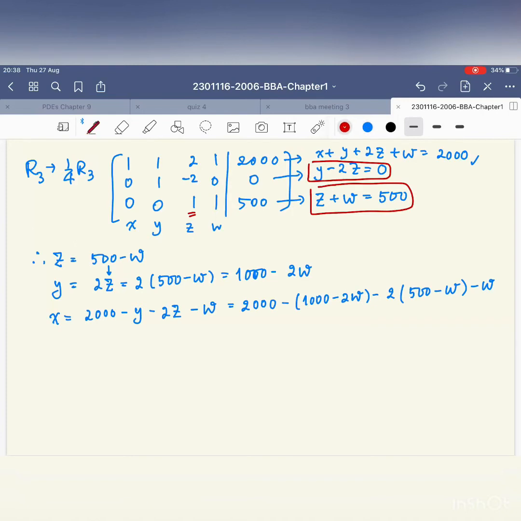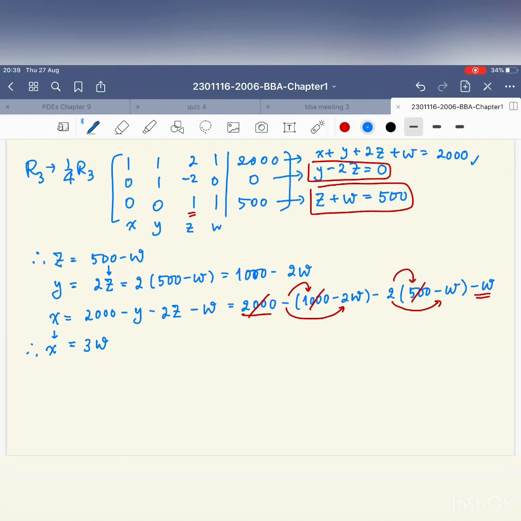So here if you look at it carefully, you got a negative 1000 and another negative 1000 with a 2000, so all these will cancel, right? So all you have left is a positive 2w with the negative w, so it means that you have 3w as your x.